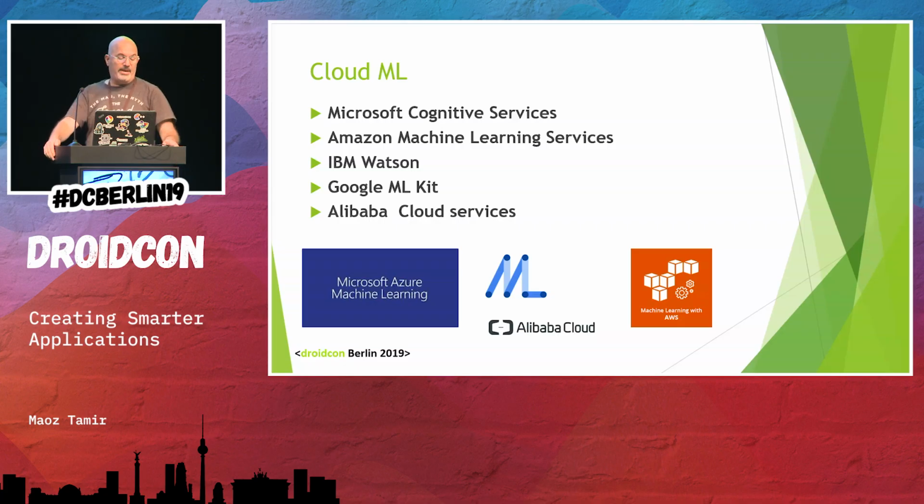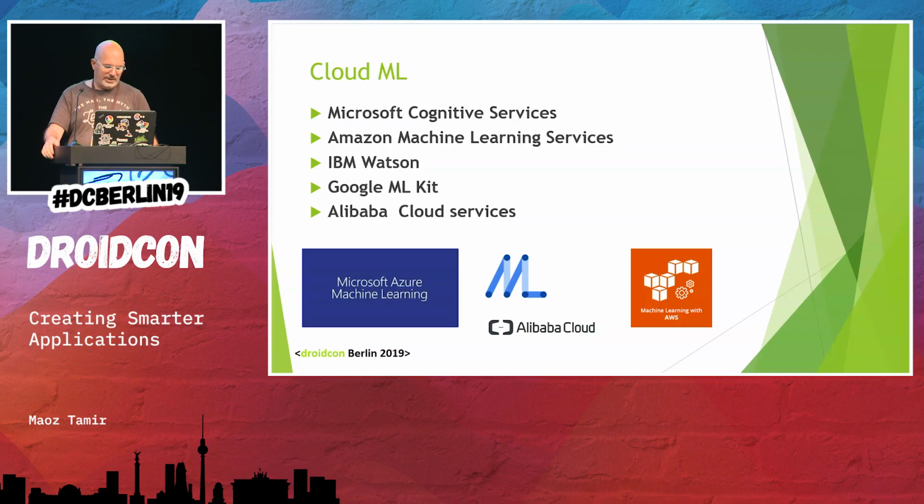Well, most of the major companies have some kind of a solution. If it's Microsoft Azure, Amazon, Google MLKit, Alibaba have a great cloud service. And most of them have services where you can insert text and get translation, insert pictures and get some kind of labeling on the pictures.